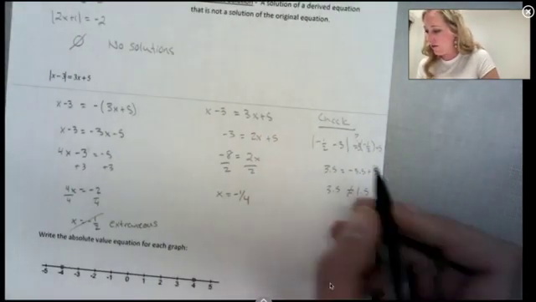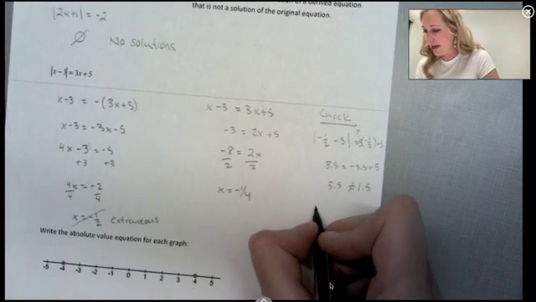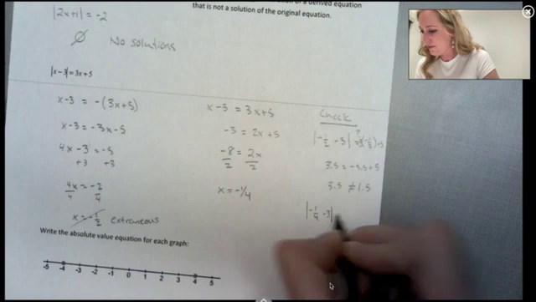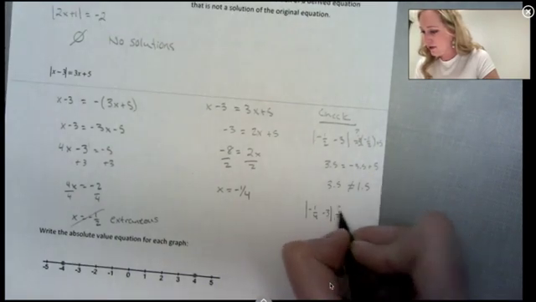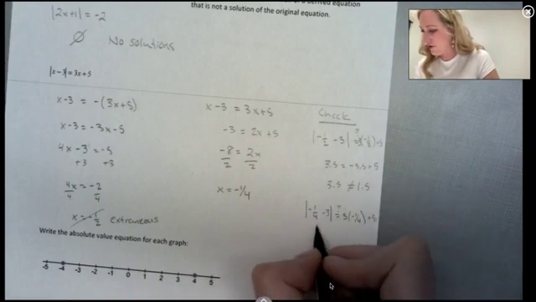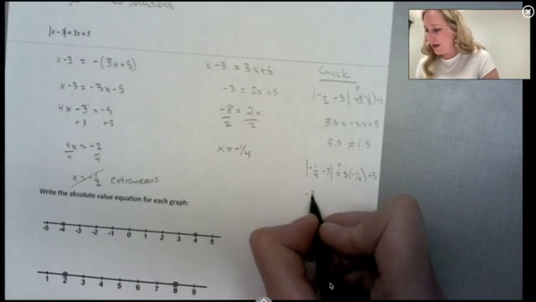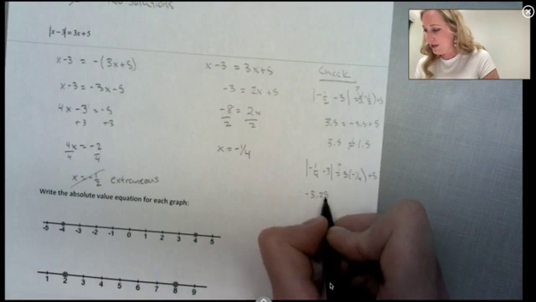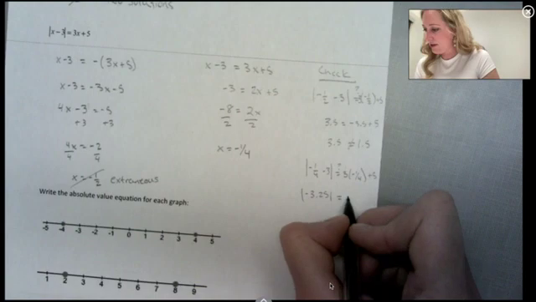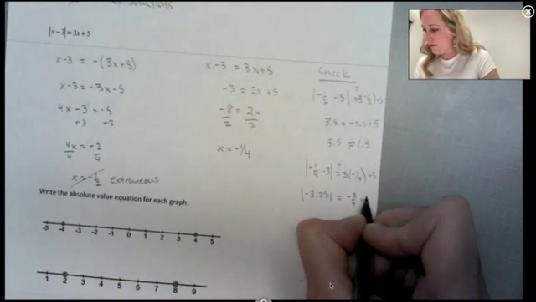Now, if we plug in 1/4, so I get the absolute value of negative 1/4 minus 3. Is that equal to 3 times negative 1/4 plus 5? Okay, so here I'm going to put it as a decimal, you guys. Let's see, I get negative 3/4 plus 5.